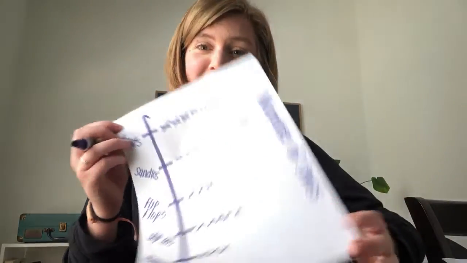Guys, this is crazy. I have 9 pairs of sandals, so I had to do 9 X's above my sandals, 3 pairs of flip-flops, 5 pairs of slip-on shoes, and I have 3 pairs of tennis shoes. I know, guys, it's crazy. I have way too many shoes, right?